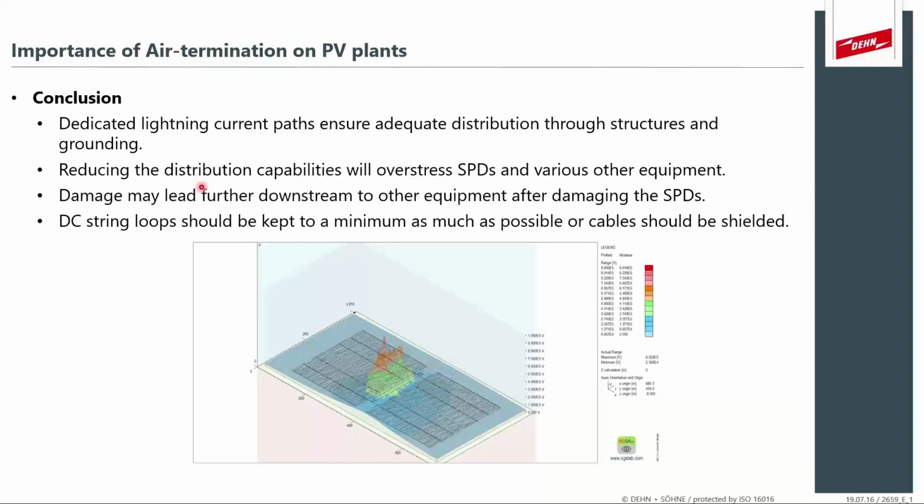If we don't do this, further damage may occur downstream in the DC system past the point where the surge resistors were supposed to protect. And lastly, we want to keep the DC strings and the DC cable loops as small as possible to avoid any induced effects and any overvoltage that you would see as a consequence of nearby lightning strikes.